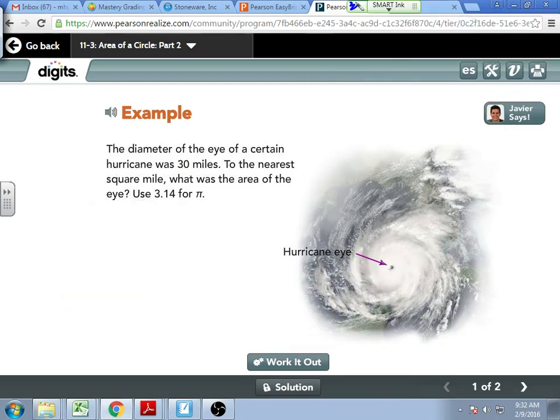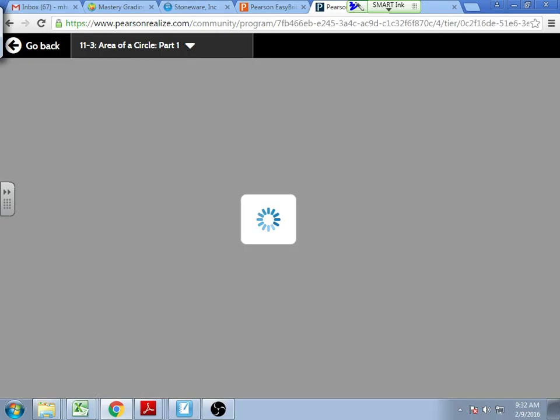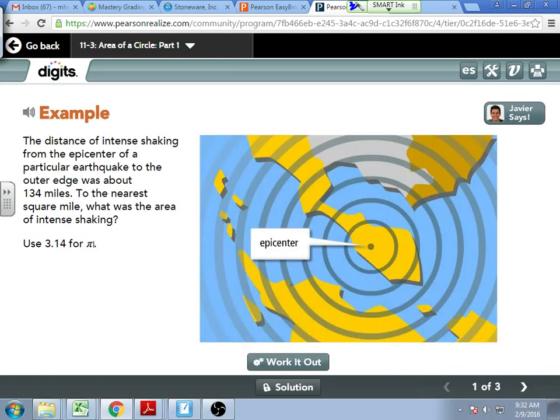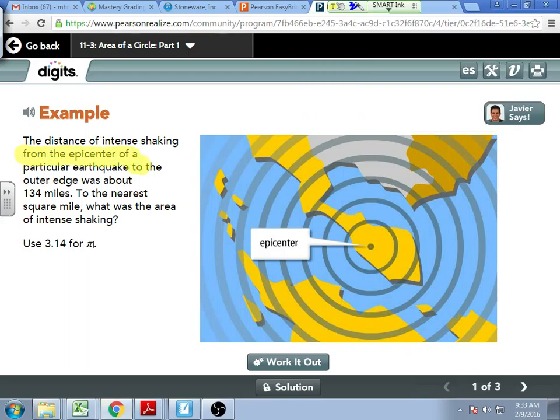Now, if I can get this to actually go back to part 1 like I want. There we go. Flip back to the front, please. We have, and this is why I brought up an epicenter, the epicenter of an earthquake. It says the distance of intense shaking from the epicenter of a particular earthquake to the outer edge, so from the center to the outer edge, would that be the radius or the diameter?